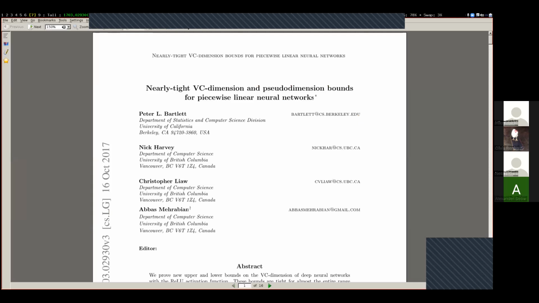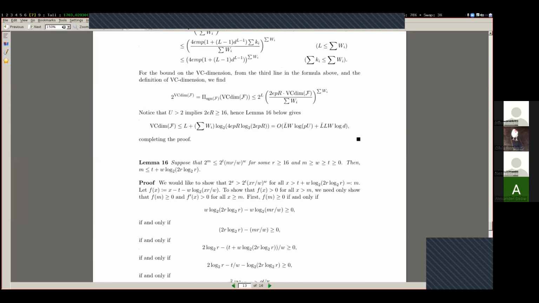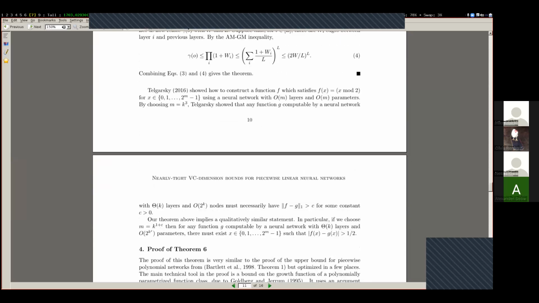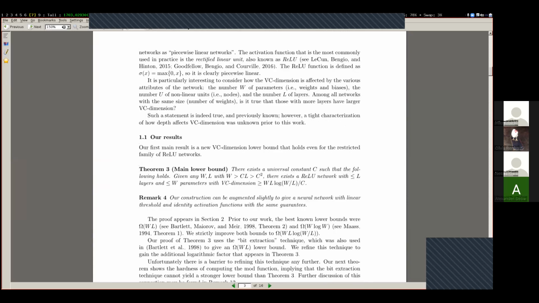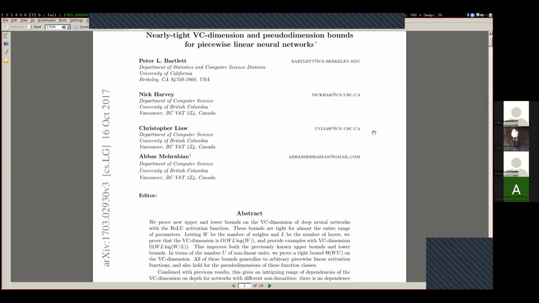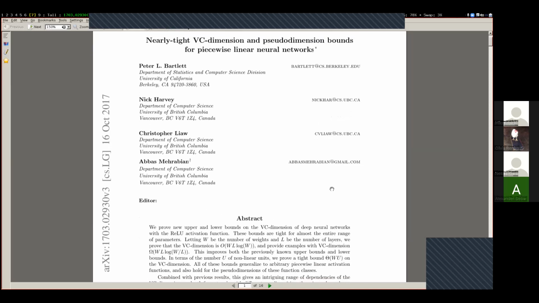This is the actual paper, just to highlight that it's 16 pages of super dense technical math. I have not made any attempt to understand this paper. My guess is that there are fewer than 10 people in the world who have read it, but there are thousands of us who rely on this result and make our decisions based on it. This is very different from other math-heavy classes where the point is to prove results.